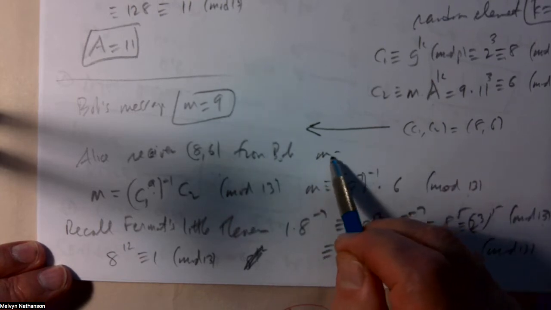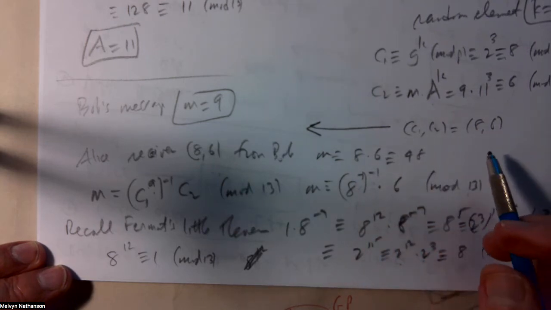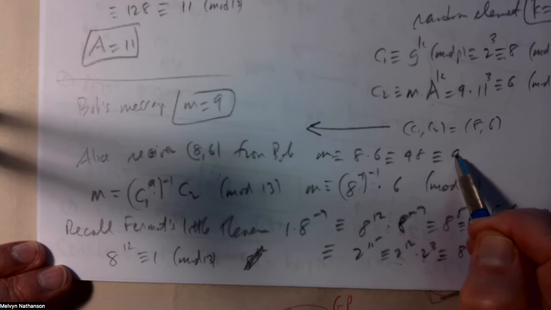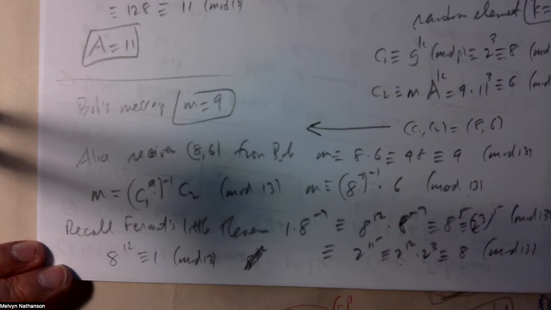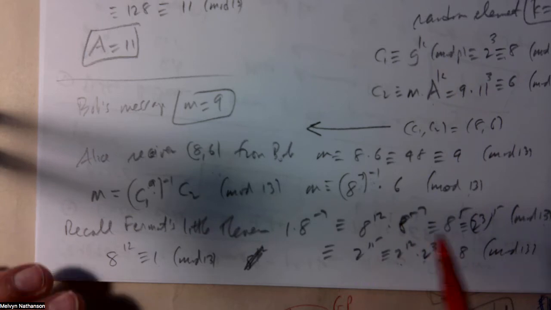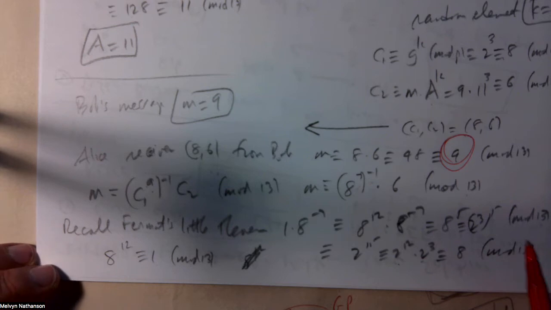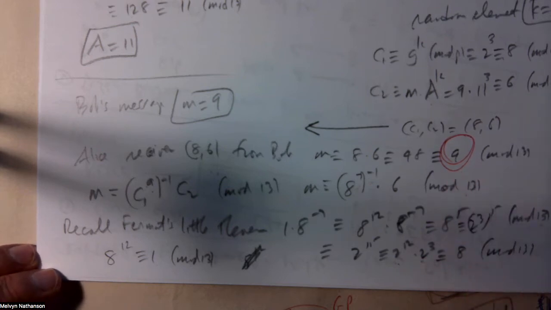So the message is 8 times 6, which is 48. And what is 48 mod 13? Well, 3 times 13 is 39, so this is congruent to 9 mod 13. So lo and behold, through the magic of the Elgamal crypto system, Alice figures out that the message Bob is sending her is m equal to 9, which is exactly correct.